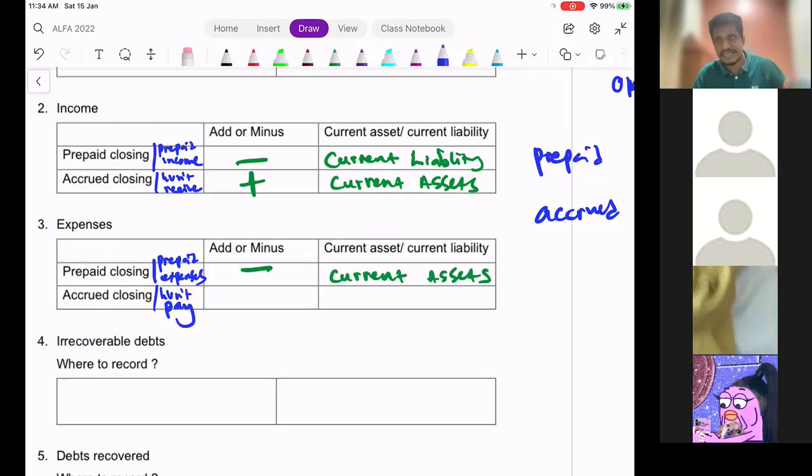But it's for this year, and they didn't record. So what do we do? We will plus it. Regardless of whether you paid or not, I want to know how much the total expenses are for the month. So since I haven't recorded, I will record for them. Okay, we plus. Then since I'm supposed to pay but didn't pay, I owe the guy, it's my current liability.